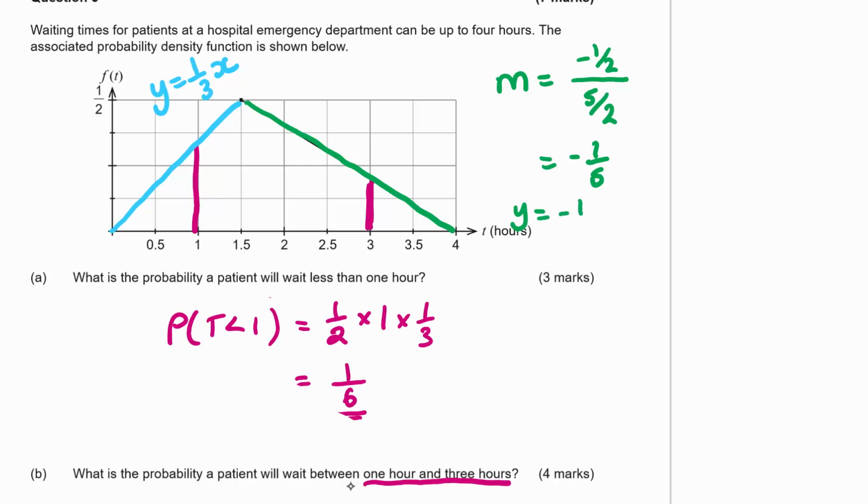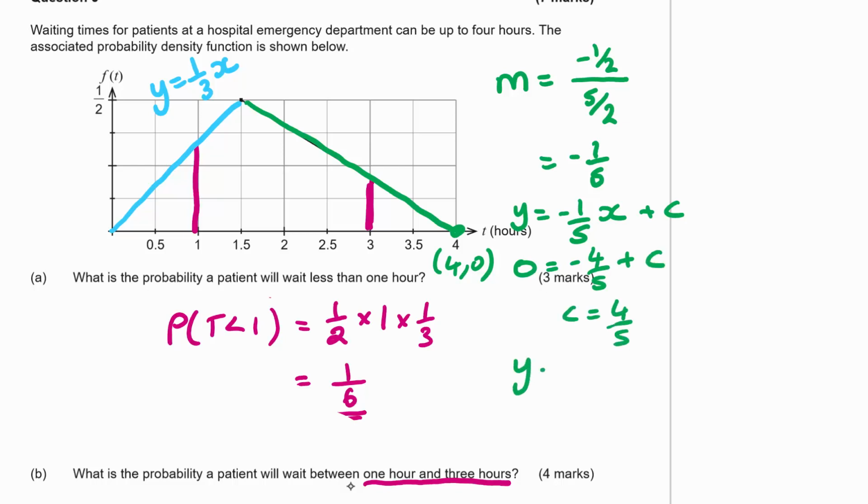So y is going to be -1/5 x plus some constant. And we know it goes through 4, 0. So 0 is going to be -4/5 plus c, so the c is equal to 4/5, giving us that that one is -1/5 x plus 4/5.